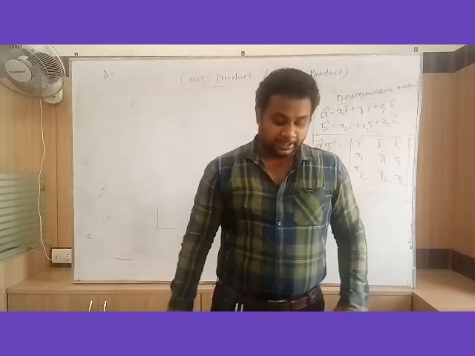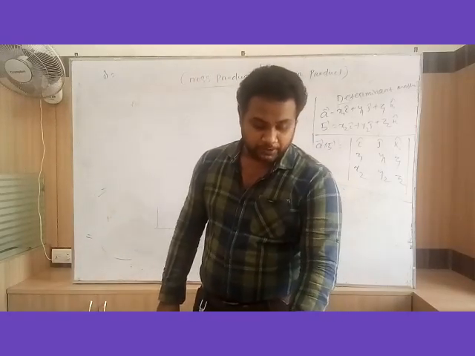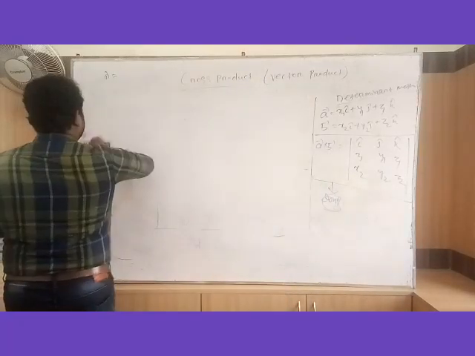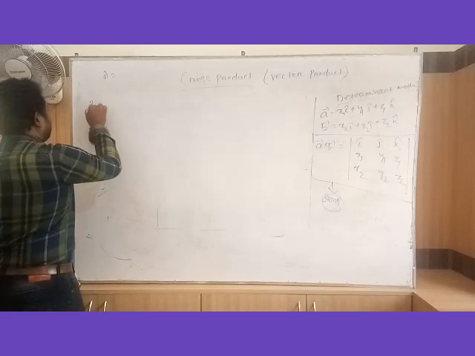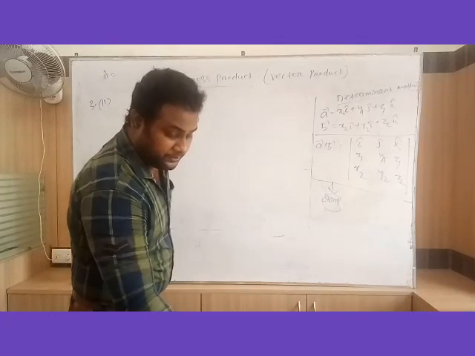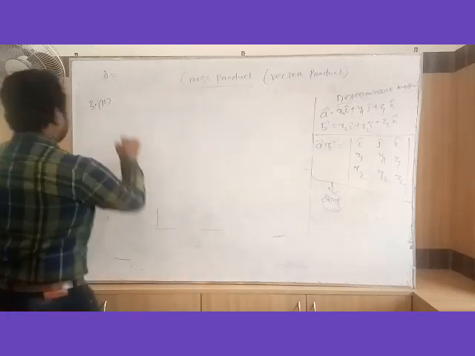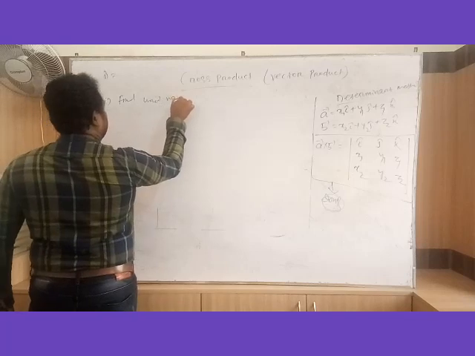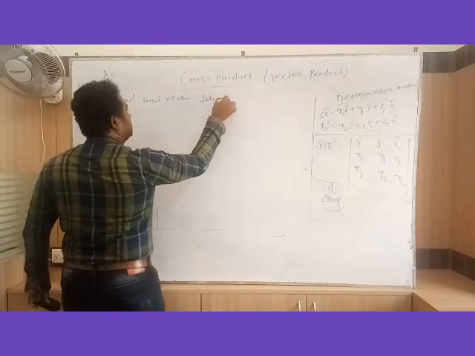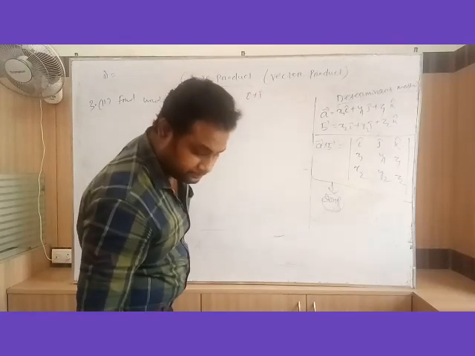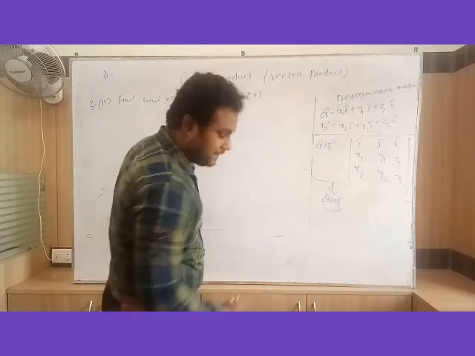In question number 3, you are asked to find the unit vector perpendicular to the vectors. I am giving one important example. The question is: find the unit vector perpendicular to i plus j and i minus k.